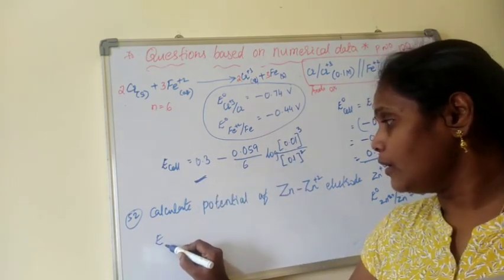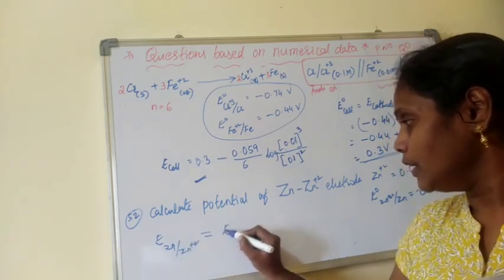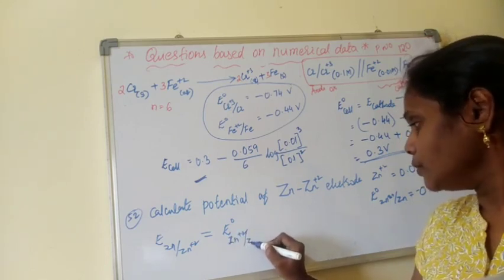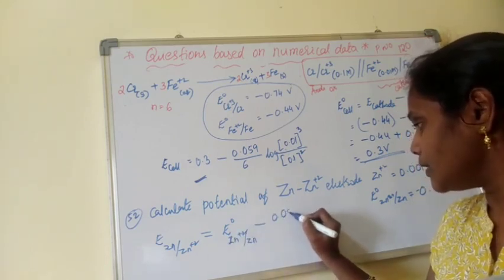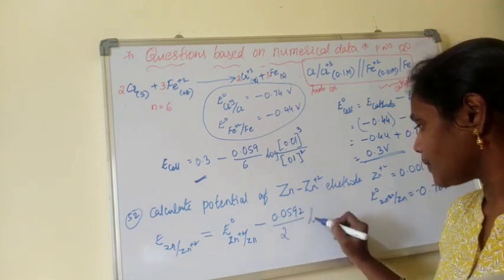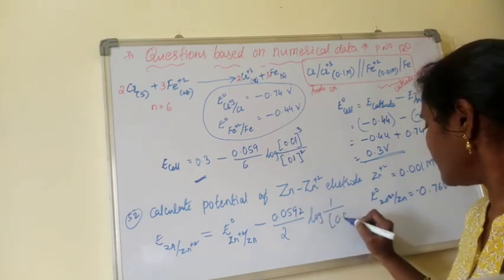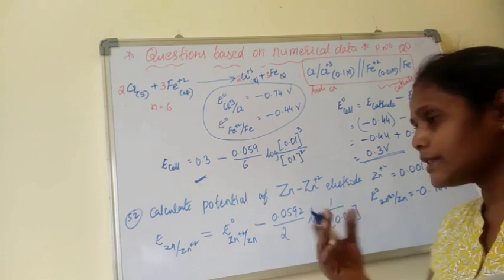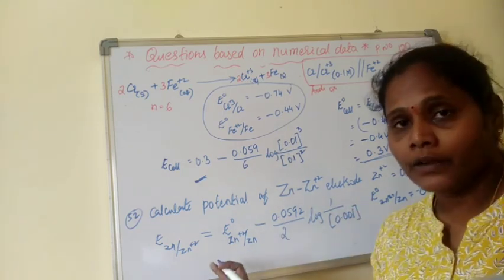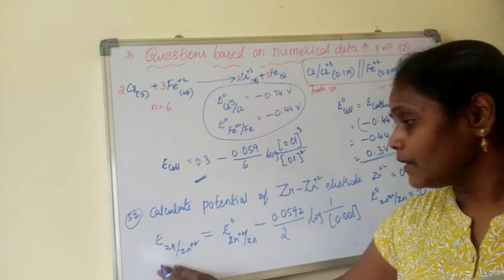So E of zinc plus 2 to zinc is equal to E naught of zinc plus 2 to zinc minus 0.0592 by 2, since 2 electrons are involved, log of 1 by the concentration, 0.001. No moles are changing, only one zinc is converting. So this is a half cell reduction, and the half cell E is to be calculated.